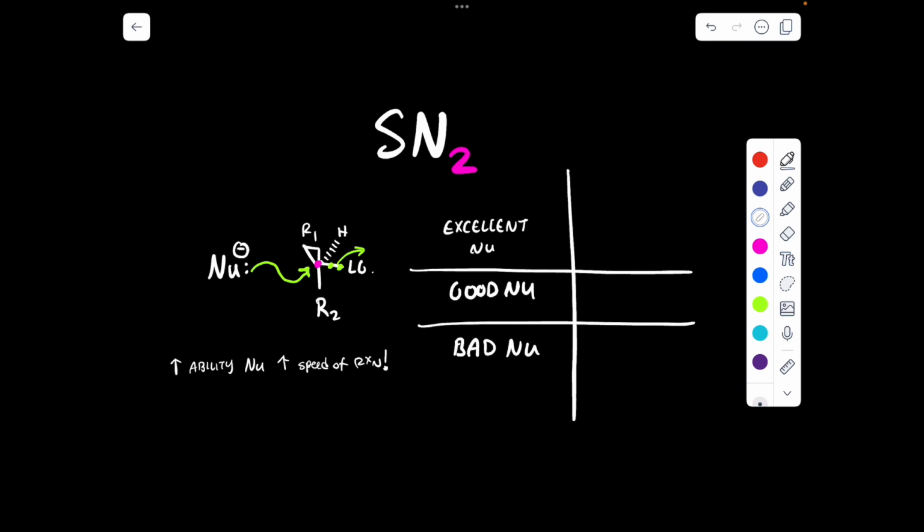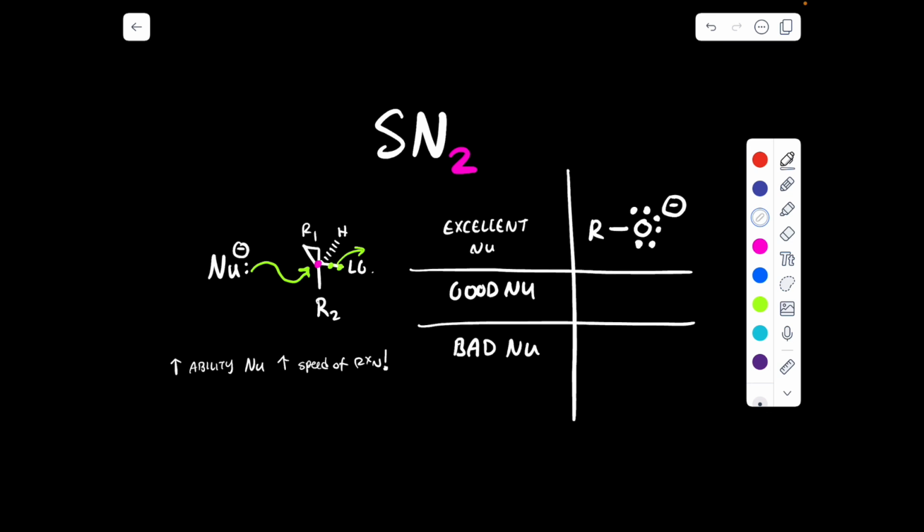So an excellent nucleophile is going to be some atom that is negatively charged. And this negative charge cannot be stabilized, because stability is always inversely proportional to reactivity. So if something is stable, that means it is unreactive. So you do not want to be able to stabilize this negative charge.